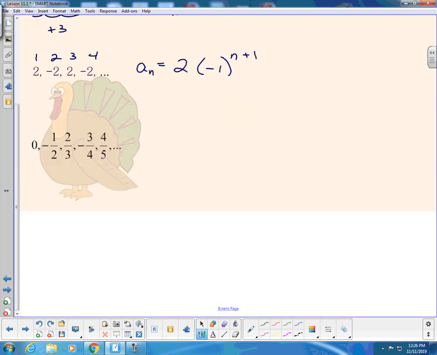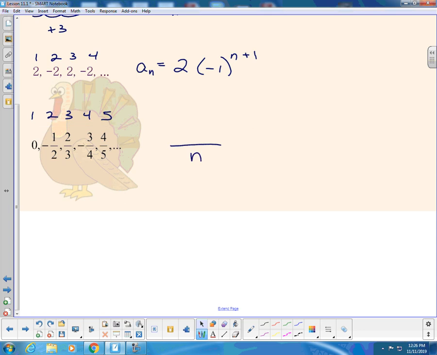Okay, what about this guy? Do you see this pattern on the bottom here? So my denominator has got to be n.